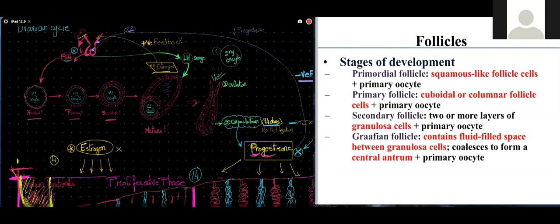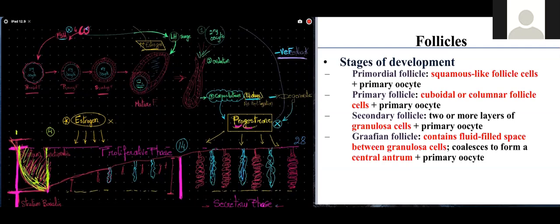What was the effect of those ovarian hormones, estrogen produced from the growing follicles and progesterone produced from the corpus luteum, on the endometrial lining?